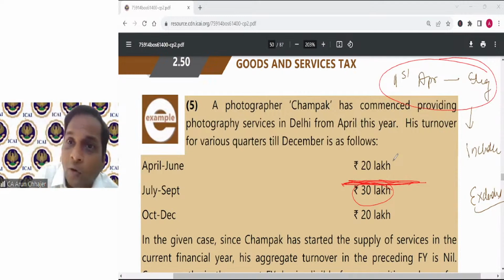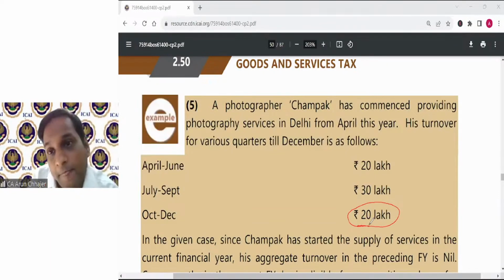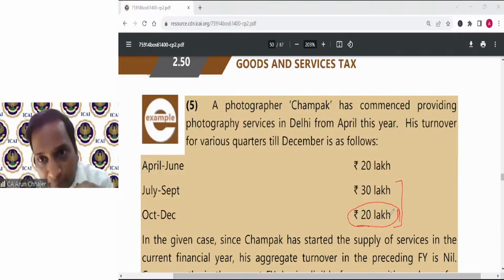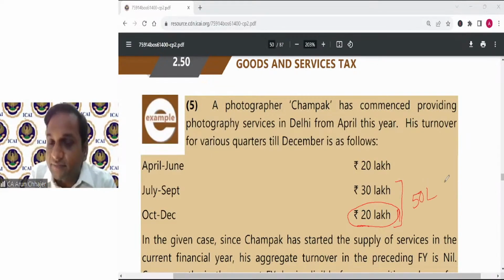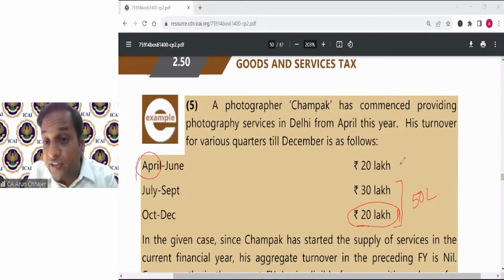But now, can we say that he can make the sale of 20 lakh also? Because if I will see the turnover, in the composition, he has the turnover of 50 lakhs. Now, the explanation 1 says that for calculating the eligibility or continuing under the eligibility, the turnover from 1st April till the eligibility will also be added.